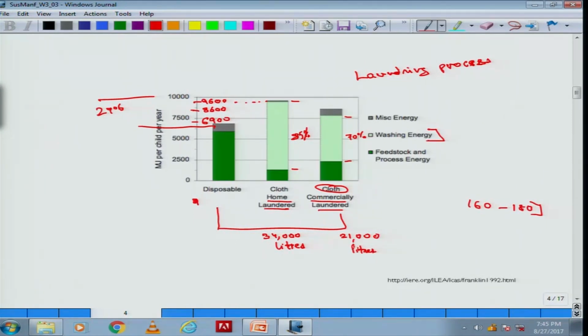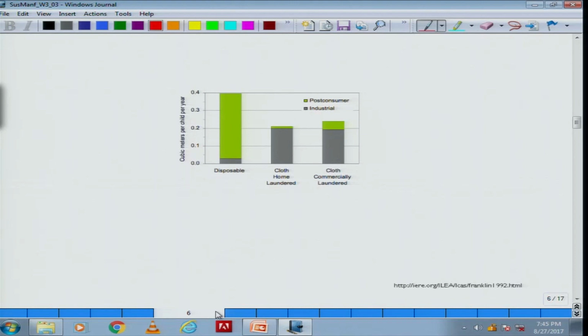Okay. So, not only do the commercially laundered diapers use a third less water through laundering, they also use 30% less energy. So, also we have here the volume of solid waste.